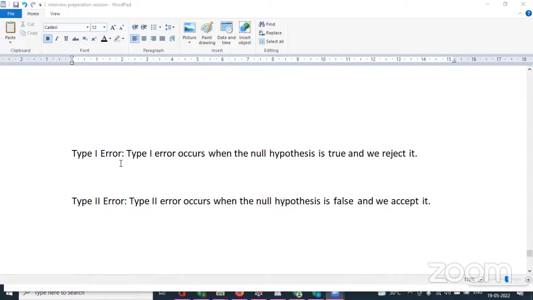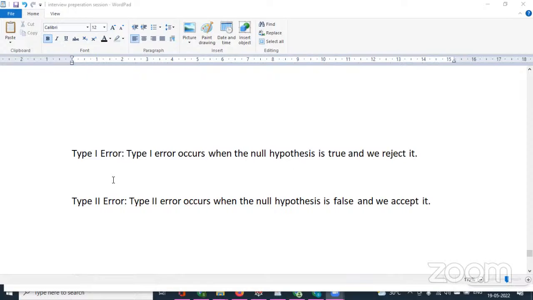When it comes to type 1 and type 2 error, you guys are answering regarding the confusion matrix, but it is for hypothesis testing. In hypothesis testing, type 1 error occurs when the null hypothesis is true and we reject it.